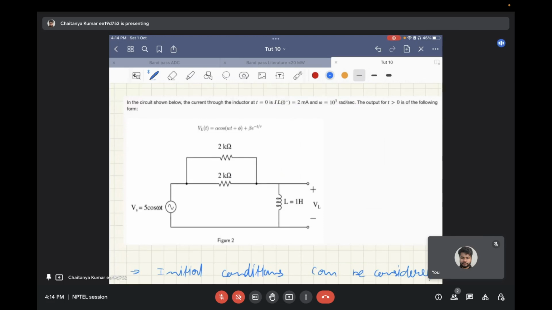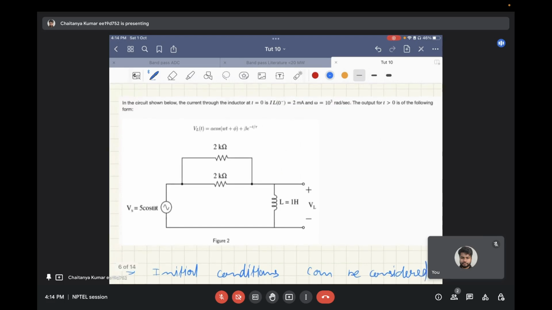So let's see over here. What is given is that it is cos omega t u of t. That is a sinusoid that is applied at t equal to 0, where u of t is a unit step function. So to this RL network, an input of cos omega t u of t is applied at t equal to 0.